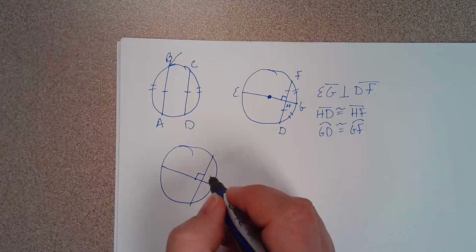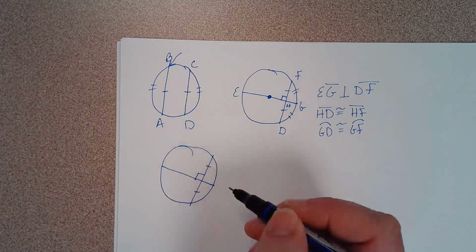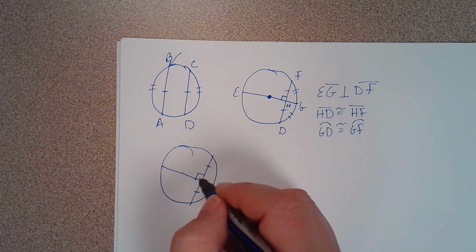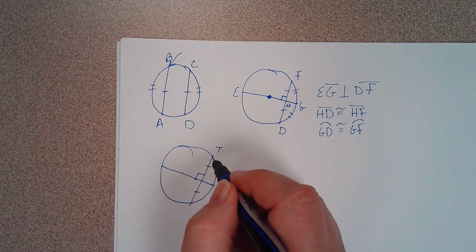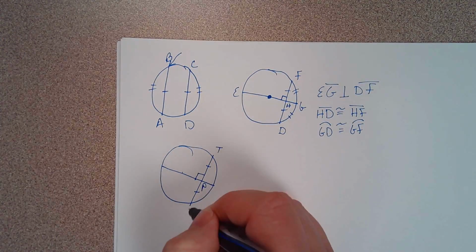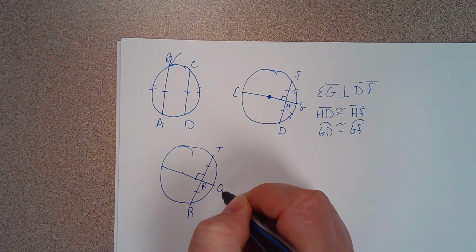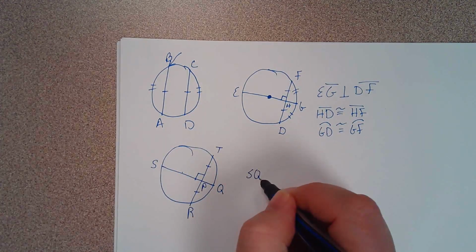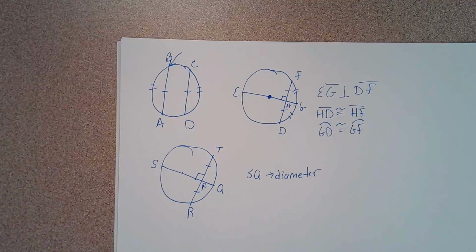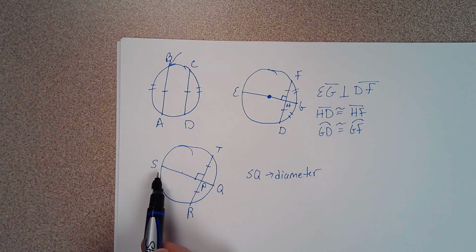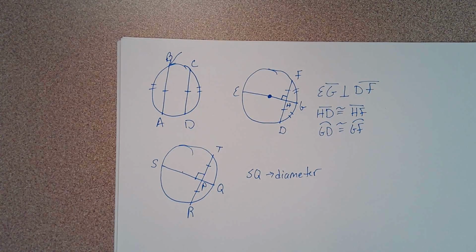And I tell you that these two lines are perpendicular to each other, that this is a 90-degree angle, and that the distance between T and P is the same as the distance between P and R, then that means that SQ has to be the diameter. Like I said, it's a converse, so basically it's working backwards. So if you were given this and told specific things, we could then make the justification that SQ is the diameter.